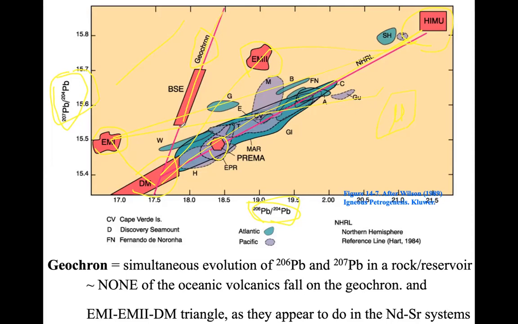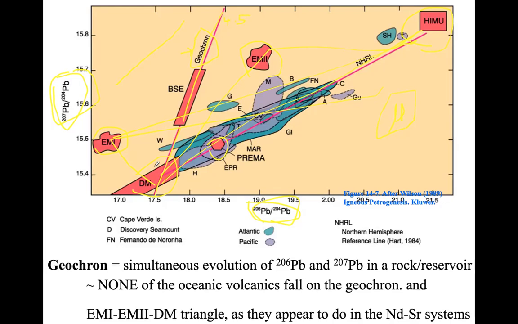This is what we call the geochrone. Geochrone means the age of the earth is reflected by this isochrone. This is the 4.5 billion year geochrone, right? That is also shown in most of the lead isotope figures just as a reference line. So this is an isochrone given by meteoritic samples, which gives the age of the earth, right?